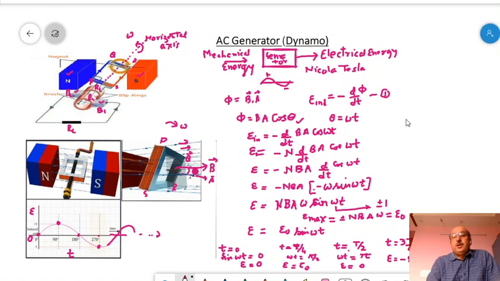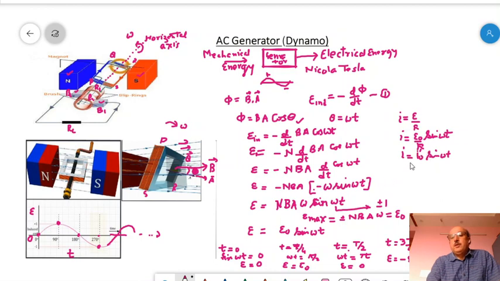Hence, the current, that is E by R, where R is the load resistance, we can write as I is equal to E naught sine omega t by R, or I is equal to I naught sine omega t.